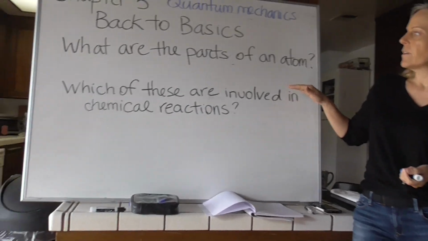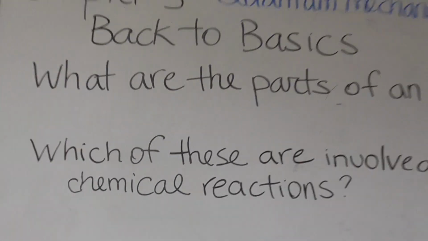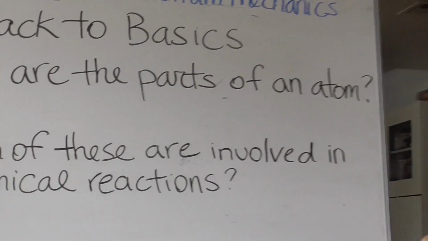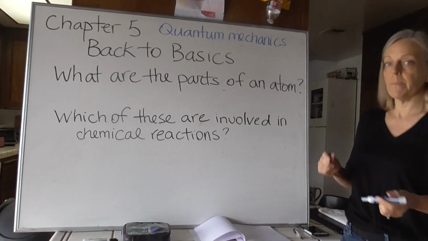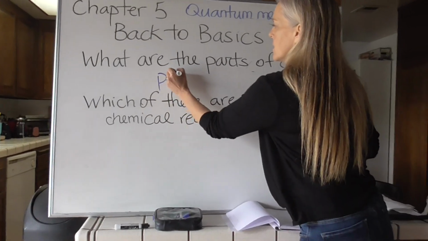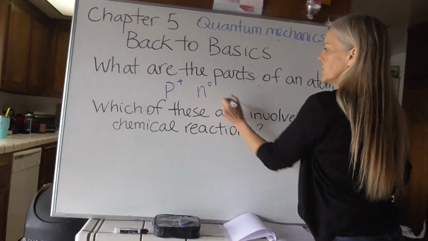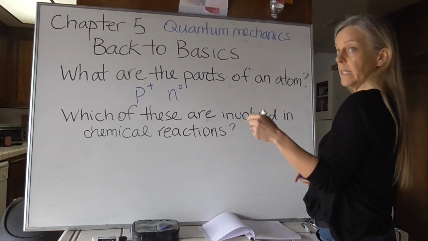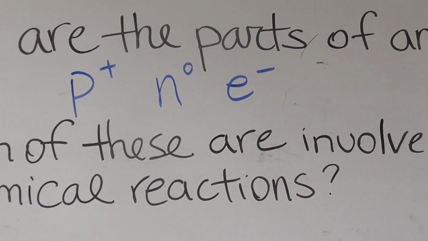So let's start with, what are the parts of an atom? We did this back in chapter 2, but we did not spend a lot of time on it. We kind of got right into doing calculations. So the parts that we talked about were protons, neutrons, and then what's going to be the most important is electrons.